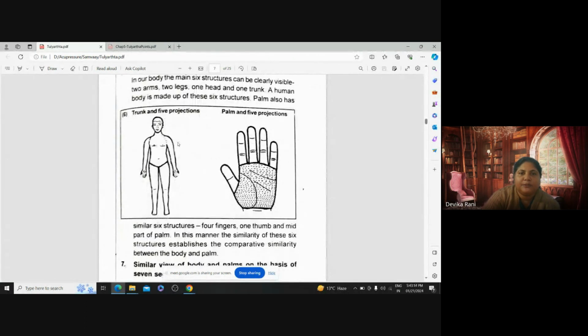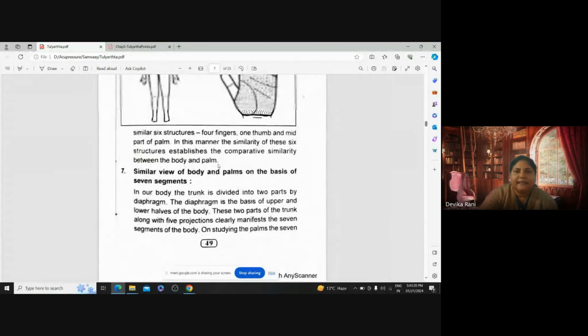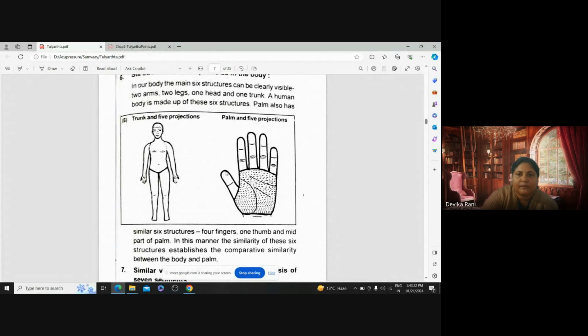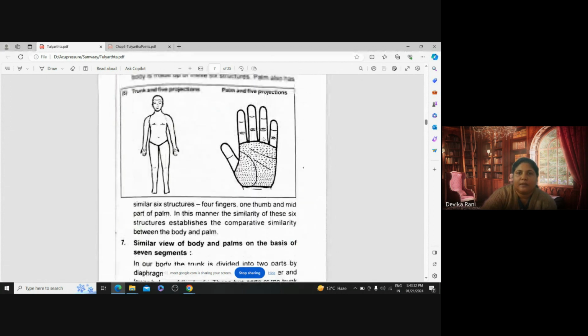Now we move on to the next one. Now we studied the 5 projections. These were your 2 legs, these were your 2 hands, this represented the head portion. So now you have the trunk. This is the middle portion, the trunk portion of your body. So that is shown over here by the palm.